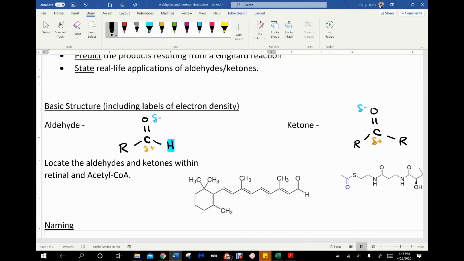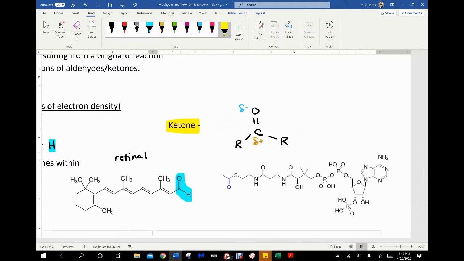All right, so this first compound here is retinol, as you might guess. Kind of reminds you of retina, which has to do with our eyes. And so what I found for this one, if we're doing our aldehydes, is I found an aldehyde on the end where you have that carbonyl group attached to a hydrogen. And I actually didn't see any other carbonyl compounds, so no ketones there. All right, so now let's see if we can find some ketones in this other section.